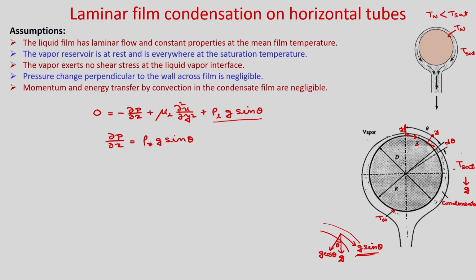If you substitute it here, you will get del 2 u by del y square equal to minus g sin theta divided by mu L, into rho L minus rho v.